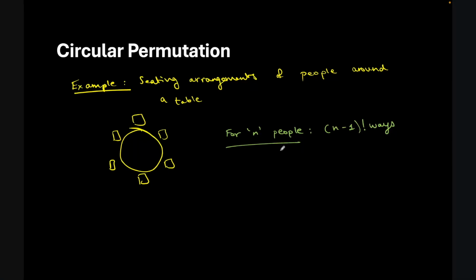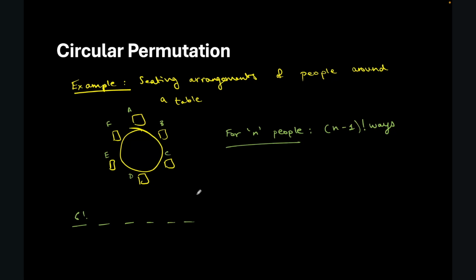Okay, so now why is this? That's important to understand. Let's say there are 6 slots here, and let's call them A, B, C, D, E, and F. Ideally, if I had a whole line of 1, 2, 3, 4, 5, 6, I would call it 6 factorial and get it over with.